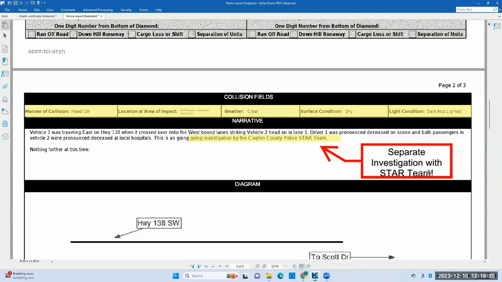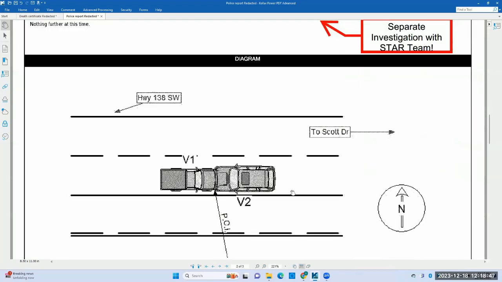Sometimes these STAR teams, as it's called in the Clayton County Police, will do a whole crash reenactment where they determine the speed of the drivers, and there's a whole lot that will come out of that report.